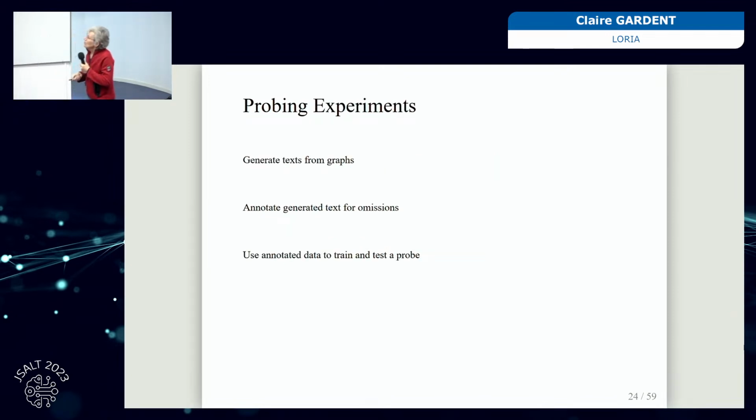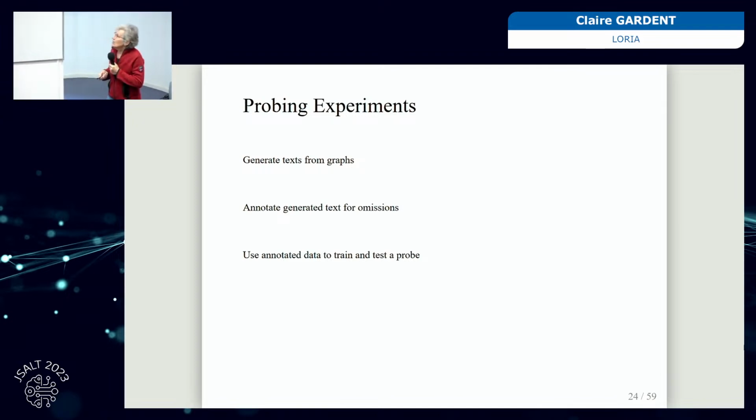So how do we do this? Well, we want to test, does the embedding of an omitted entity differ from the embedding of a non-omitted entity for a given generation model. So the first thing is we take a generation model, we use it to generate text from graphs. So we create this big data set of graph text pairs.